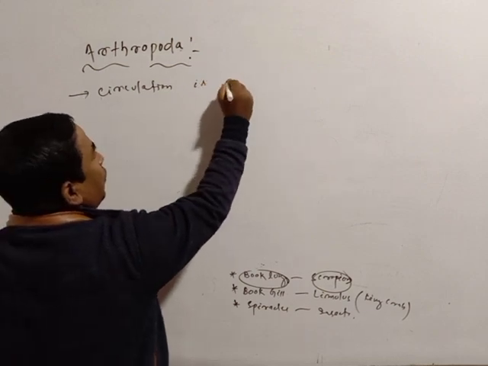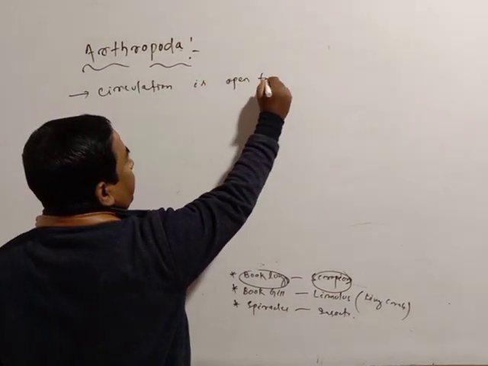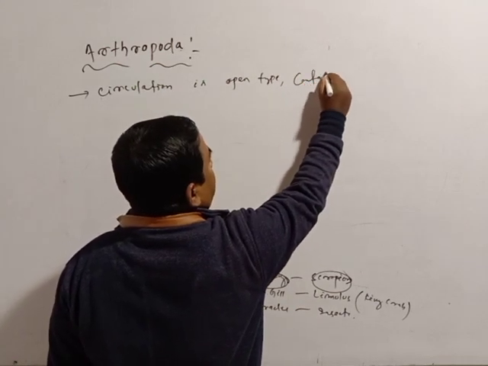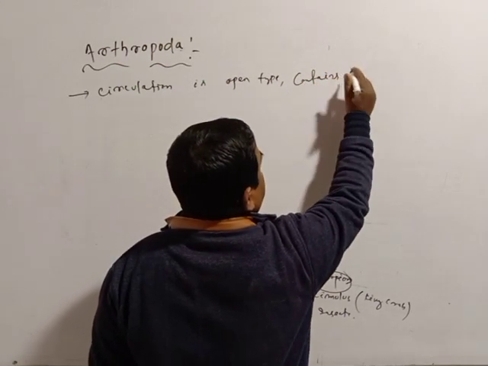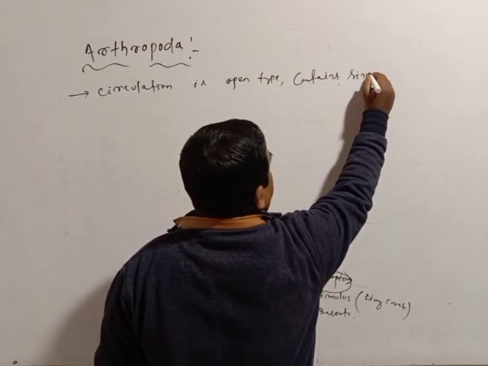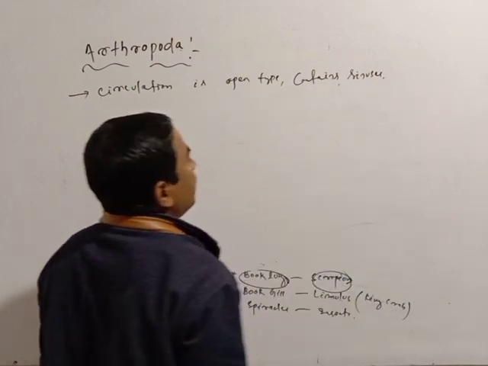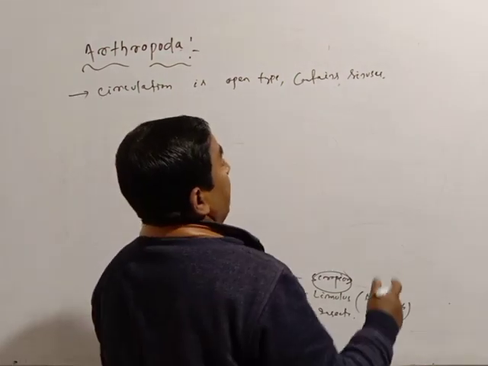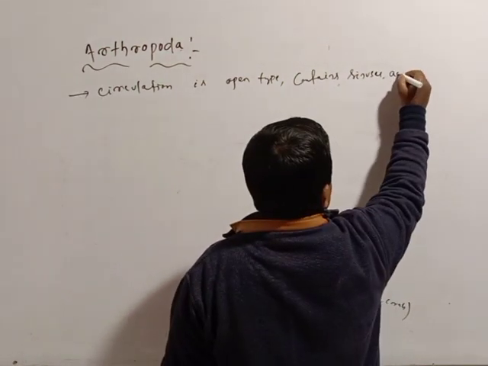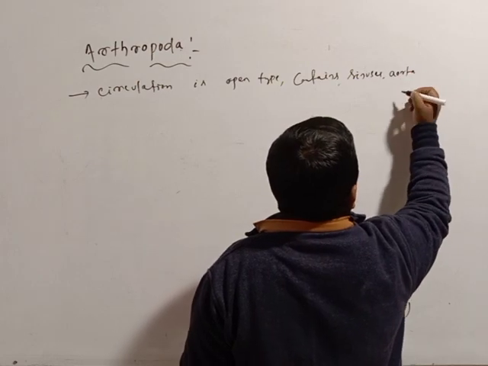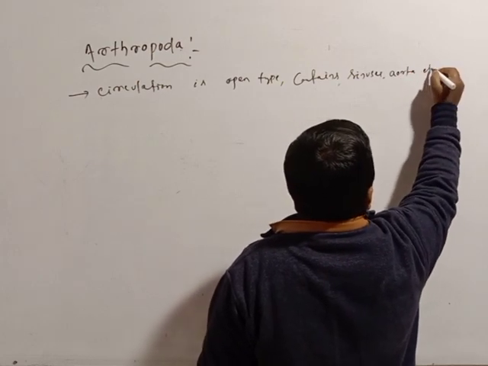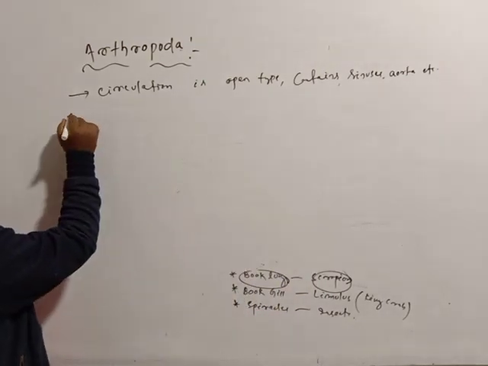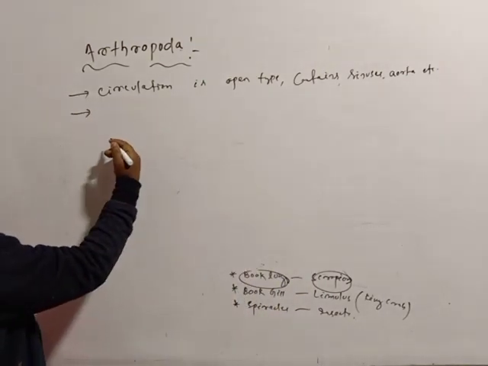So in cockroach, circulation is open type, contains sinuses, heart, and aorta, etc. We will go through it in detail after some time.